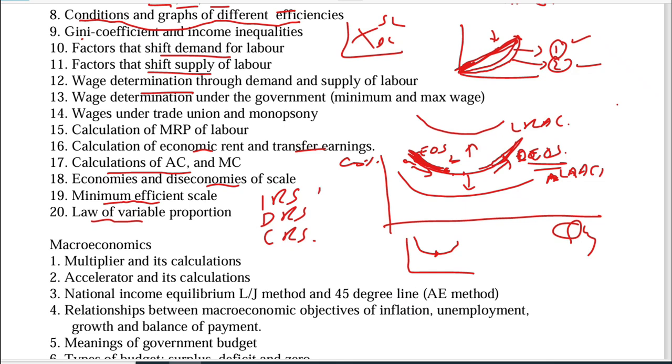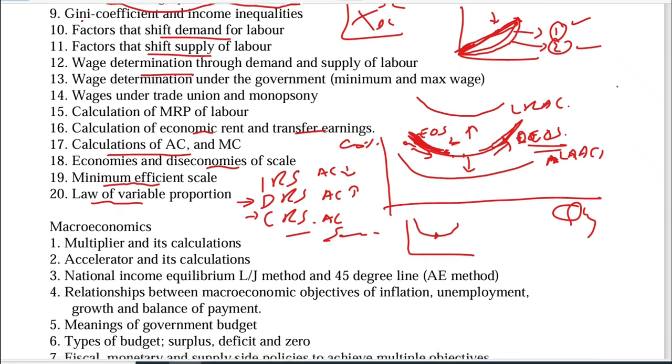So average cost in this case falls. And then decreasing returns to scale, during which average cost increases, and it happens when an increase in input leads to less than proportionate increase in output. And constant returns to scale is when average cost remains the same, right? In this case, input and output increase in the same proportion.